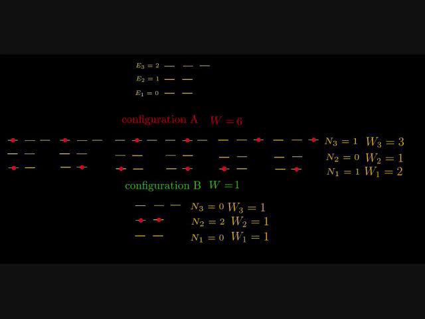For level 2, there is 1 way to place 0 particles in 2 states, so W_2 equals 1. Notice that the total weight of the configuration is the product of the weights of the individual levels. Now we need to derive a general expression for the W_i in terms of the N_i and G_i. We proceed with an example.